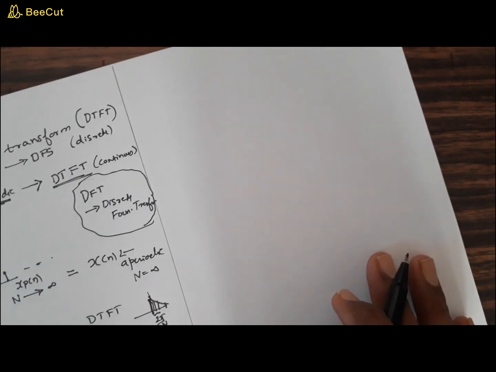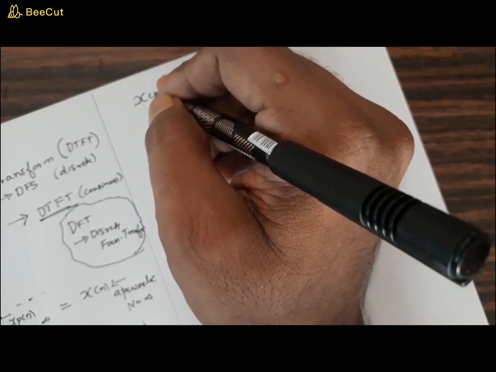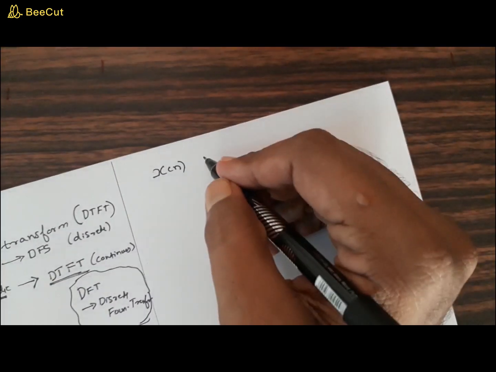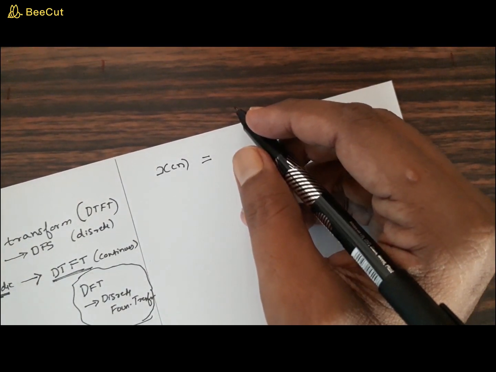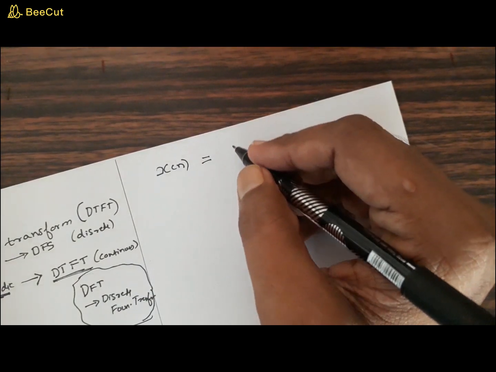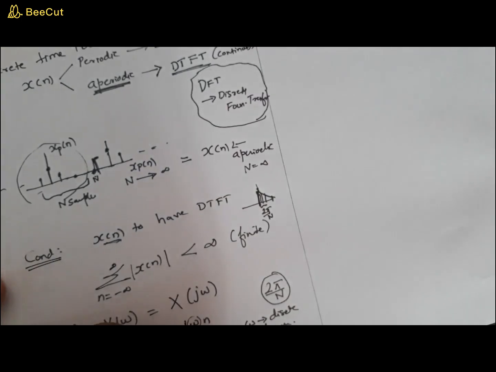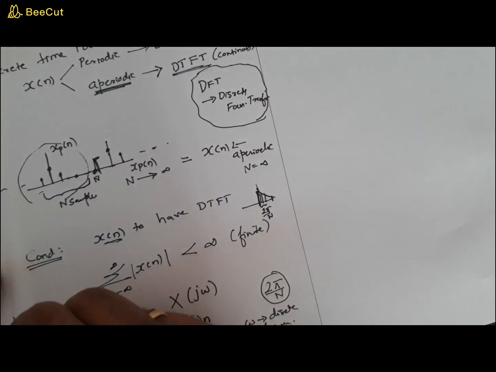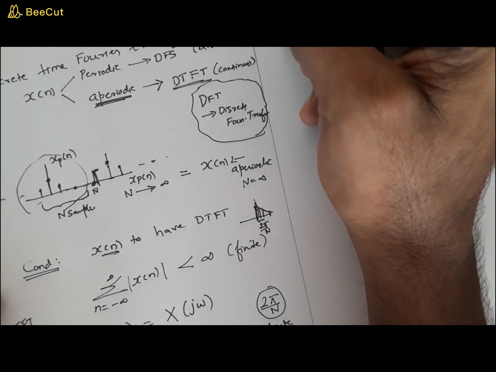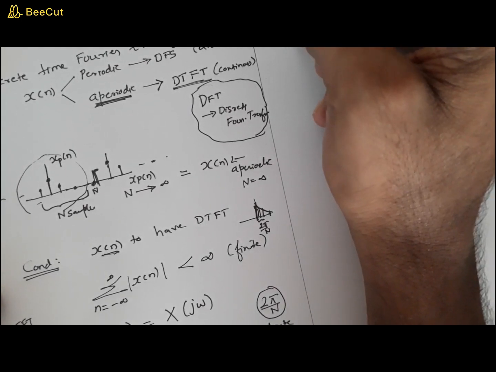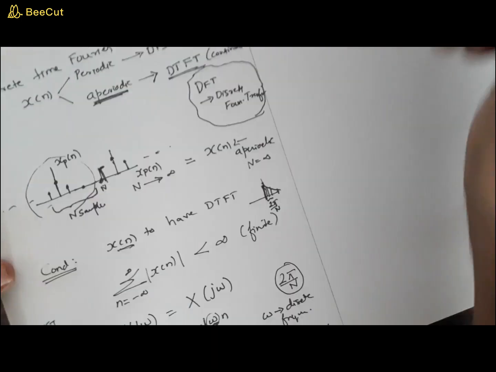Now, if you are given the X of omega of a signal, you can find out the corresponding x of n using the expression. If this is called a DTFT, this is called an inverse DTFT, right? So what is this inverse DTFT? You will be given X of omega.